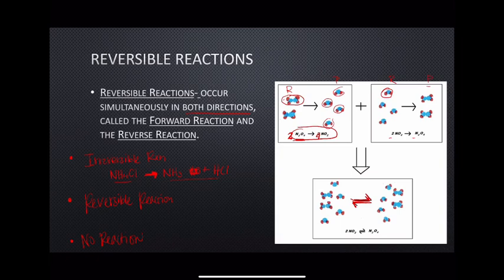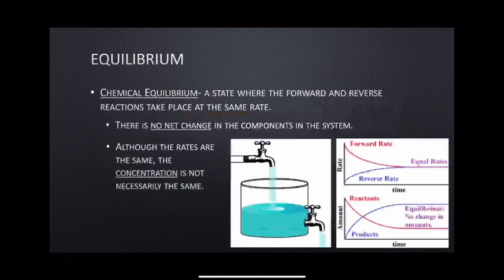Now in a reversible reaction, one of the goals is to get to a state of chemical equilibrium. So in chemical equilibrium, the forward reaction and the reverse reaction take place at the same rate. There's that term rate that we learned about yesterday, which is just kind of like the speed.